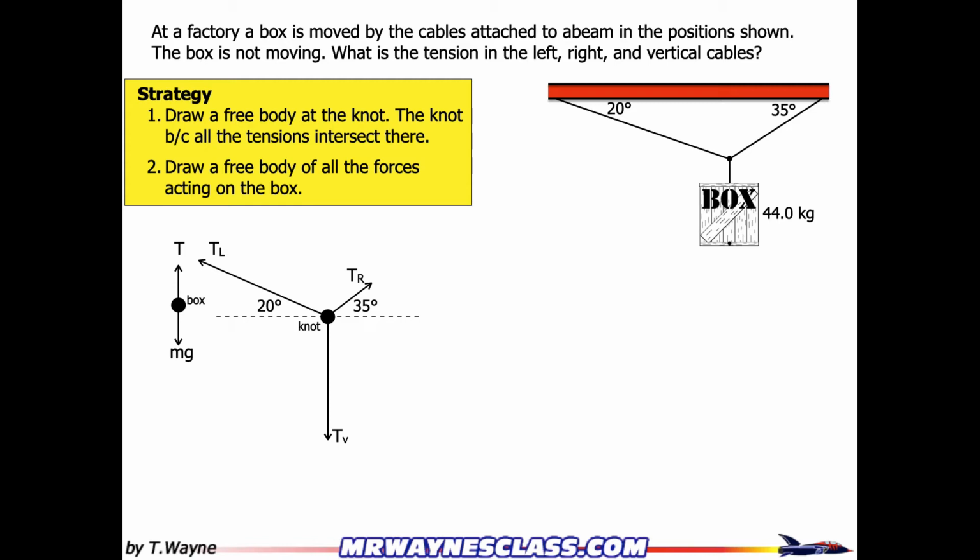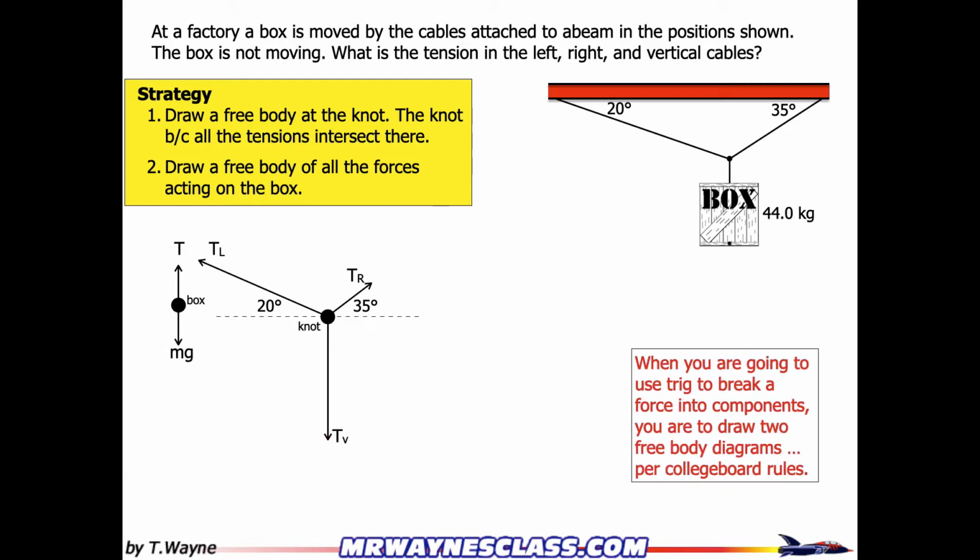So at this point, I have an interesting problem. I need to break this up into horizontal and vertical forces, and TL and TR are at angles. I'm going to use trig and break TL and TR up into a triangle with horizontal and vertical components, and that'll get rid of the angled TL and the angled TR.